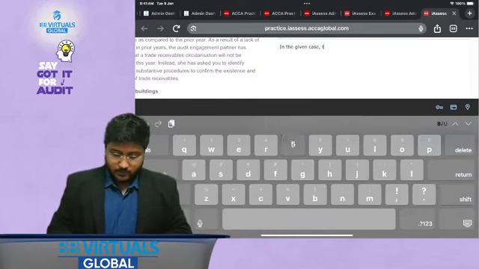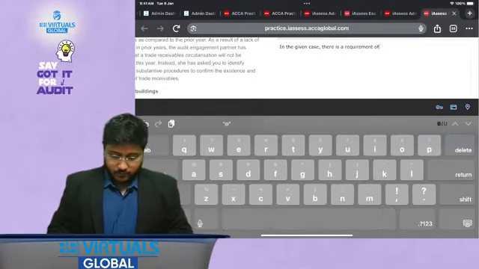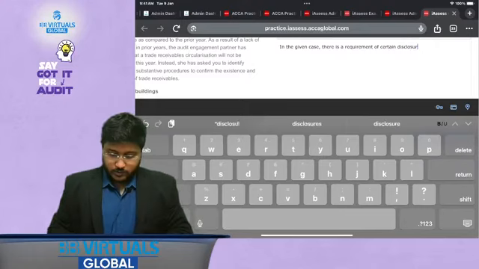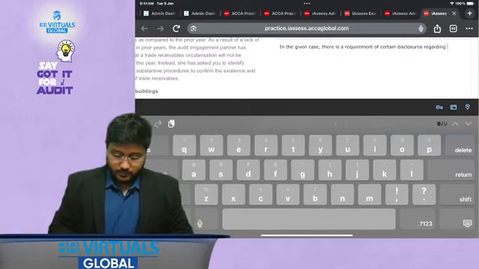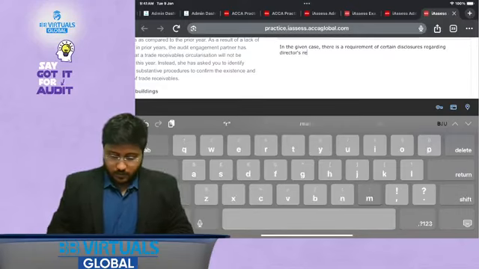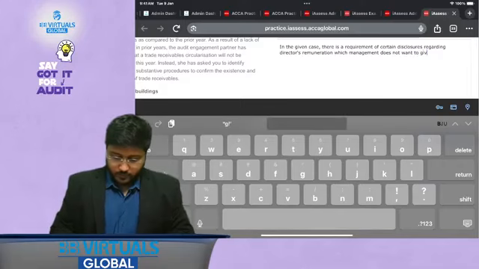There is a requirement of certain disclosures regarding directors' remuneration, which management does not want to give.